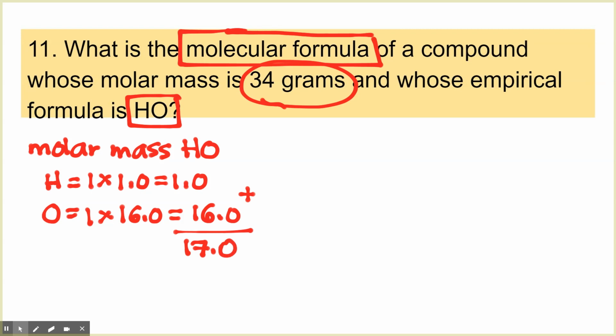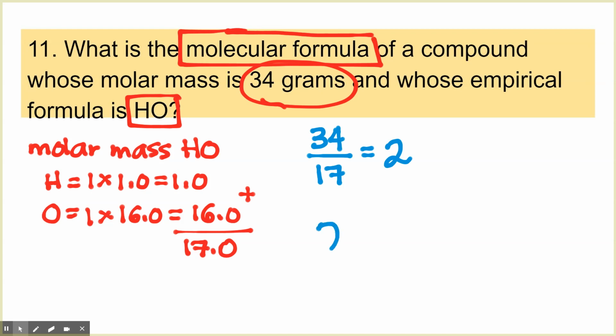All right. But look, the molar mass of the given is 34. So remember, the molecular formula is simply a multiple of the empirical formula. So let's grab that 34 and divide it by the molar mass that we got, which equals 2. Right? What does that mean?